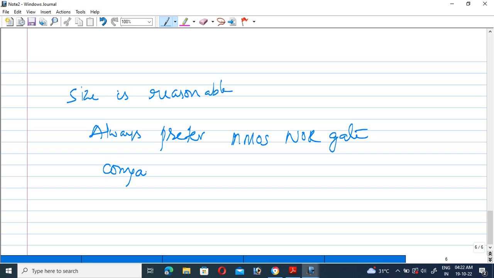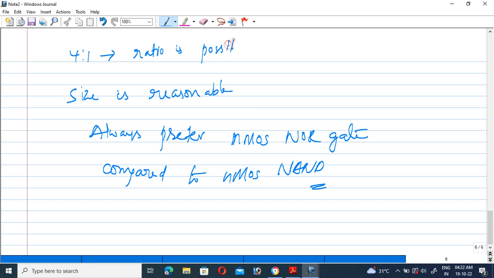This is the conclusion, because the delay is also reduced. Moreover, maintaining the 4:1 ratio is very easy and also possible.